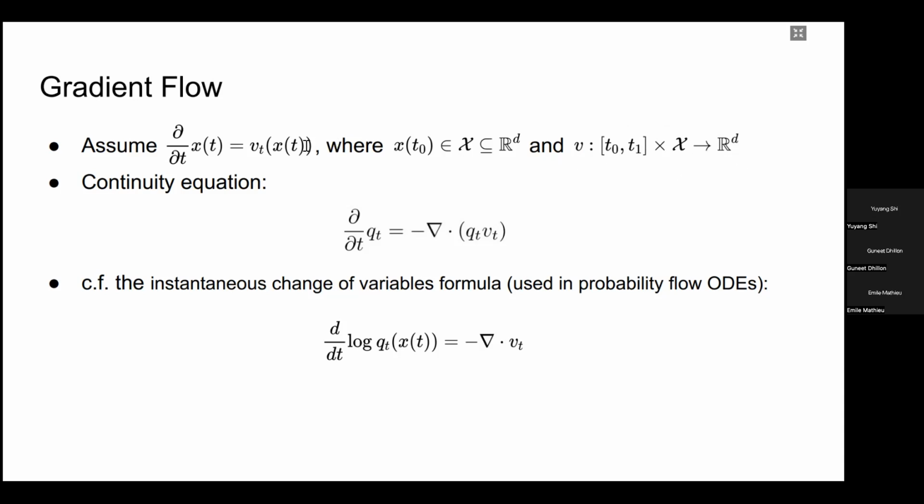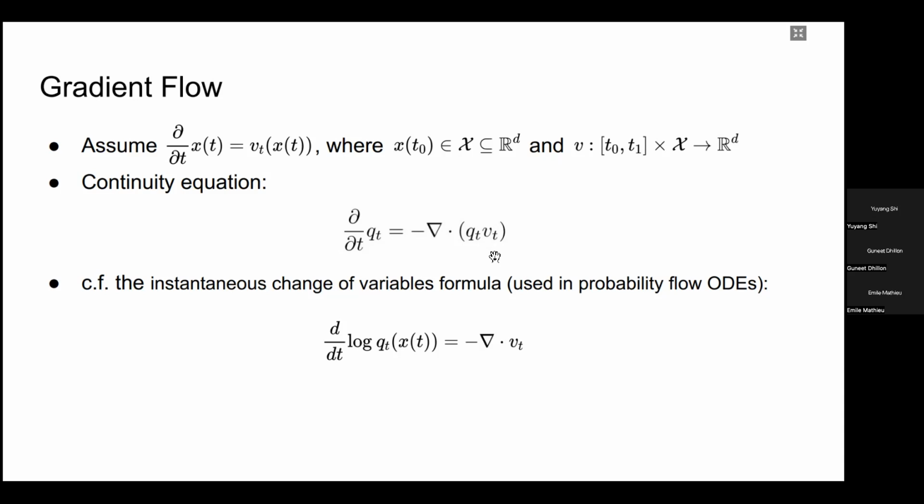Given this ODE, we have the continuity equation, which describes the evolution of the distribution in time: the partial time derivative of QT is equal to the negative of the divergence of QT times the vector field VT.